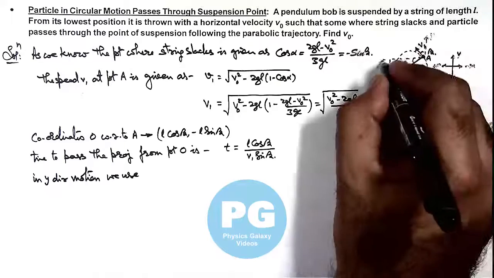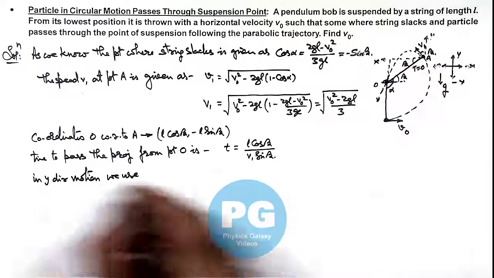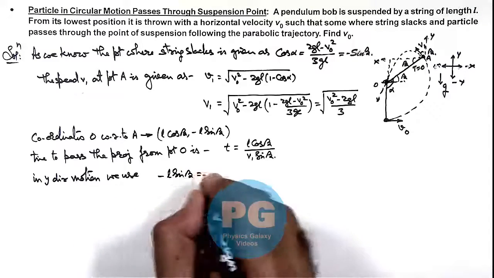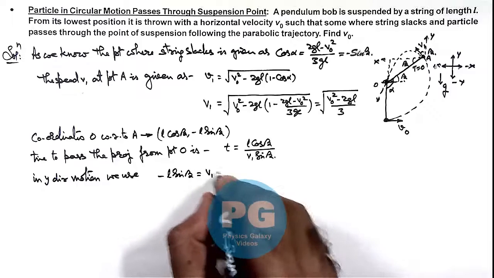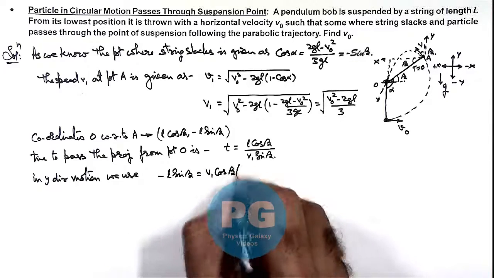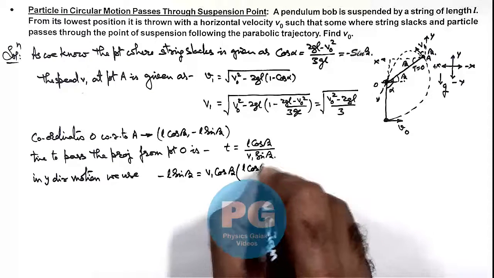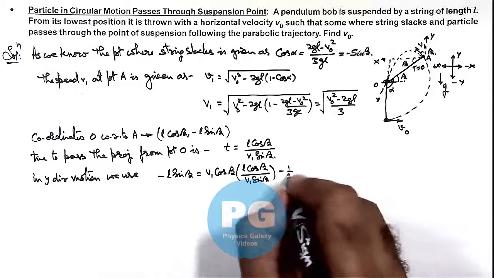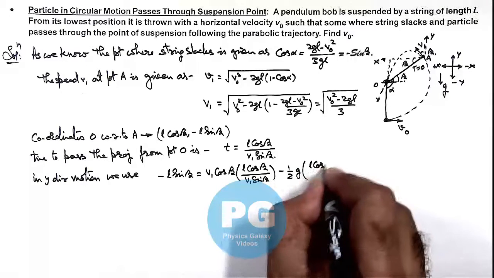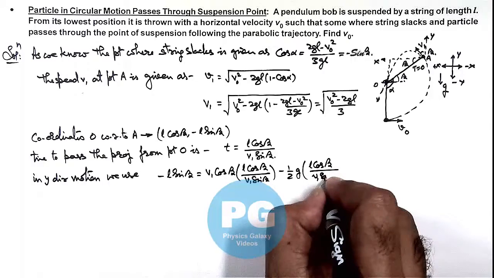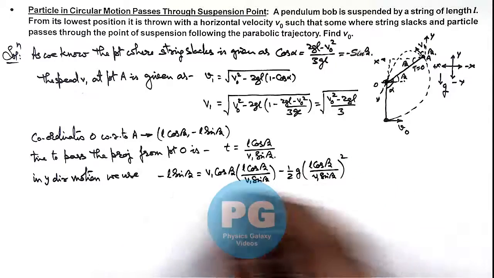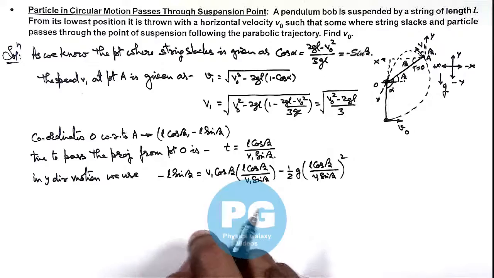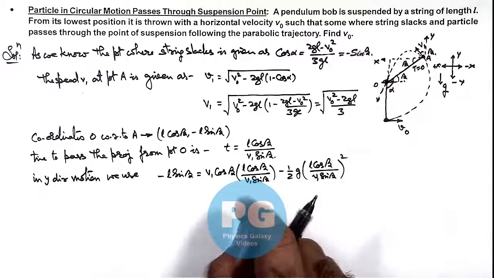So in the y direction we can write minus L sin beta is equal to v1 cos beta multiplied by time, which is L cos beta by v1 sin beta, minus half g t square, that is L cos beta by v1 sin beta whole square. This is the equation of trajectory in which we have taken the coordinates of point O with respect to point A.